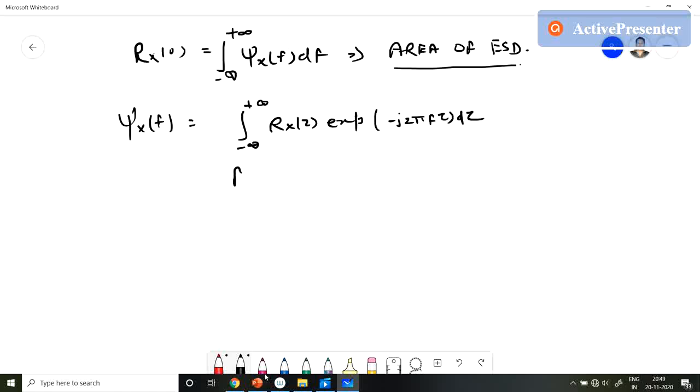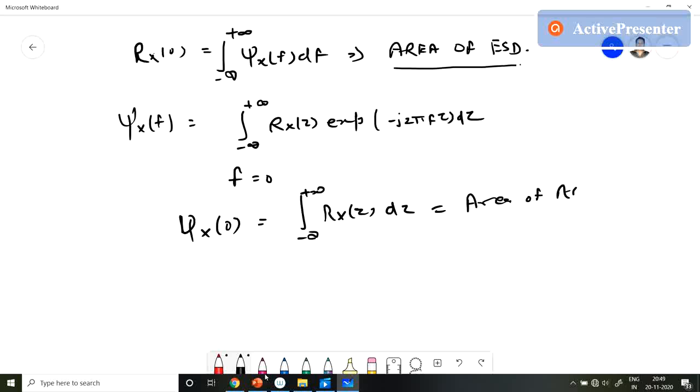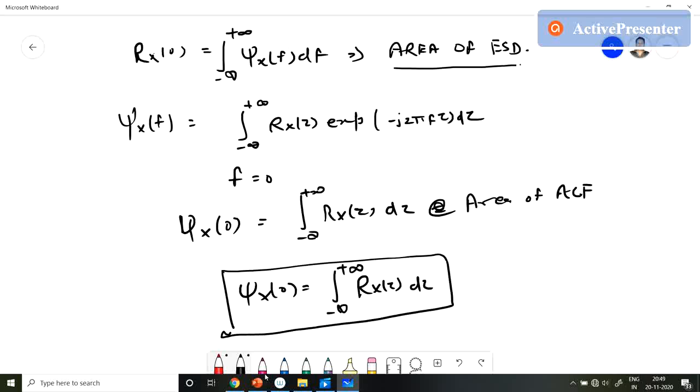Now if we put f equal to 0, what do we get? psi x(0) is equal to the integral of Rx(tau) d tau, that is the area of the autocorrelation function. So psi x(0) is the total integration of Rx(tau) from tau equal to minus infinity to plus infinity. These two relations are very important.